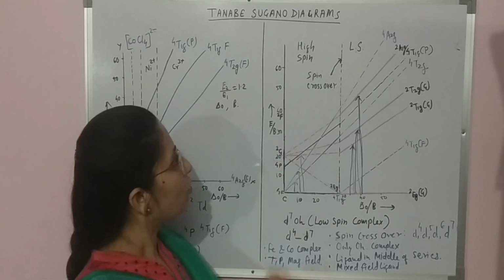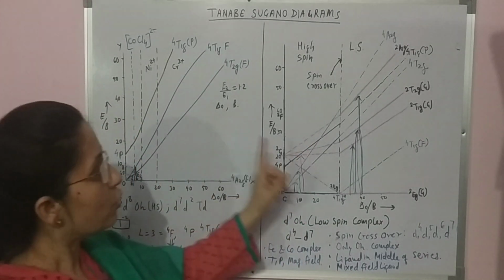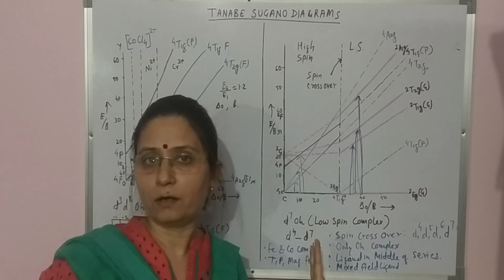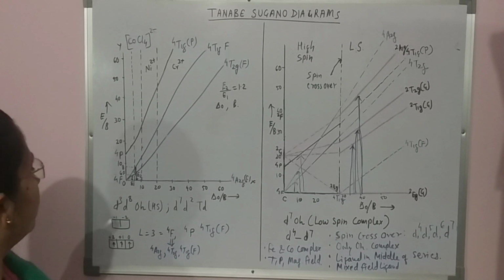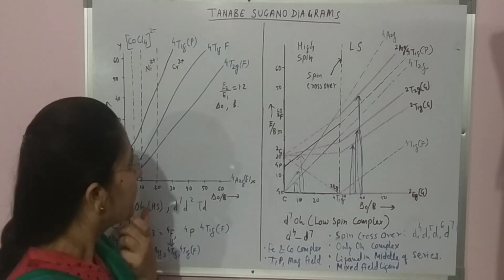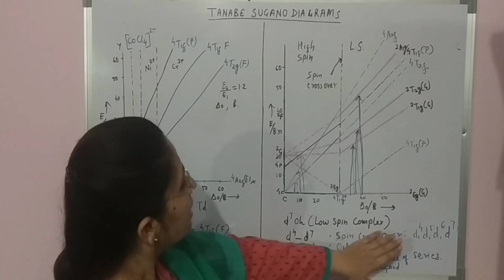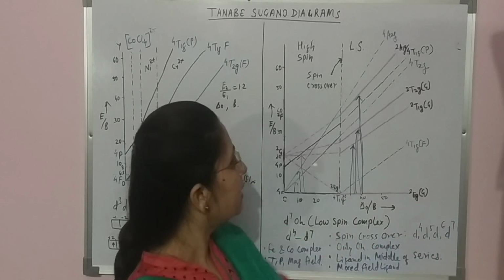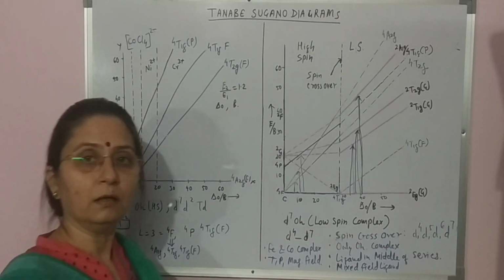And for the spin crossover, we have to remember certain things. Spin crossover takes place only in octahedral complexes. It will not take place in tetrahedral complexes, because tetrahedral complexes are always high spin. Second, spin crossover takes place only for d4, d5, d6 and d7 configurations, and won't take place in other configurations.